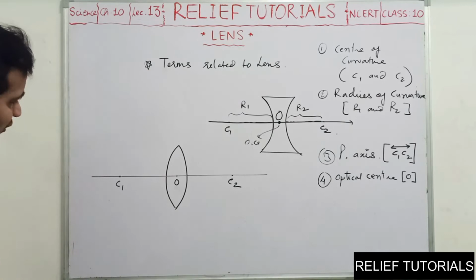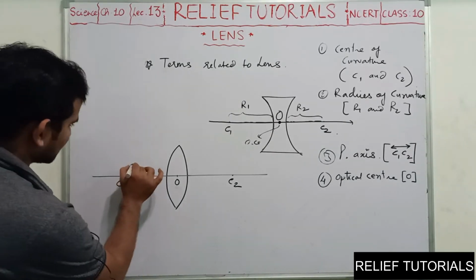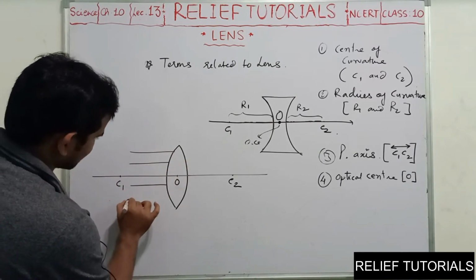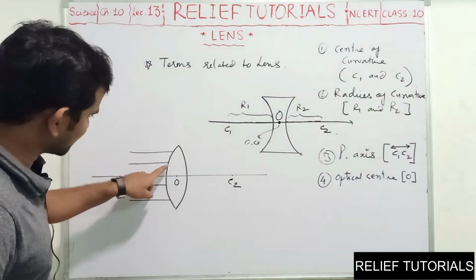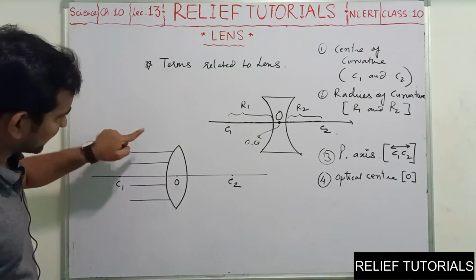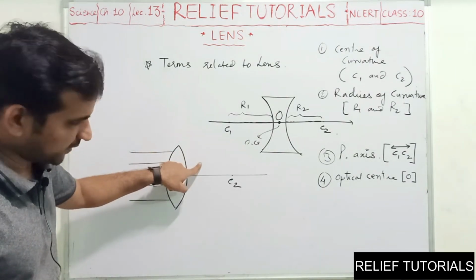So the rays coming from infinite distance are always parallel to principal axis. Consider these are some rays coming from infinite distance. Now we know that two different refractions are going to occur. Right now these rays are coming from air entering into glass medium, and then they are going to again come out in the air medium.